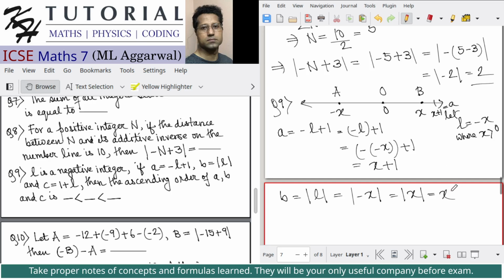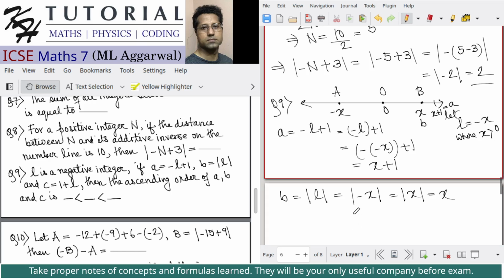So where is x? X is here. So small b is marked by the point B on the number line.